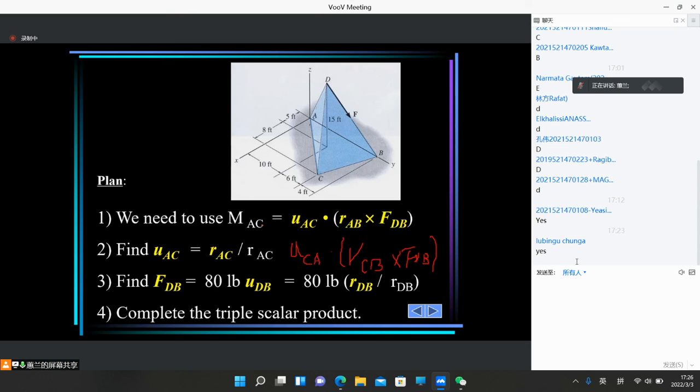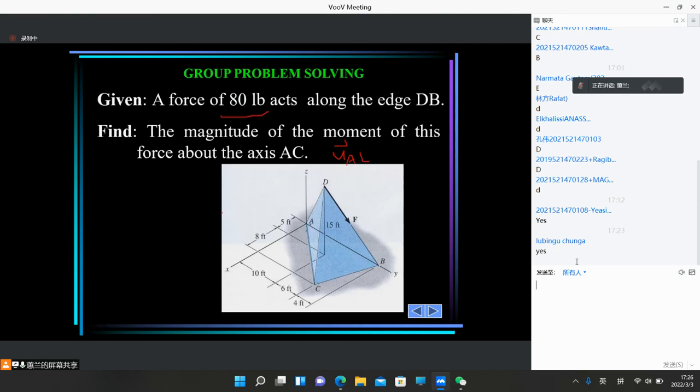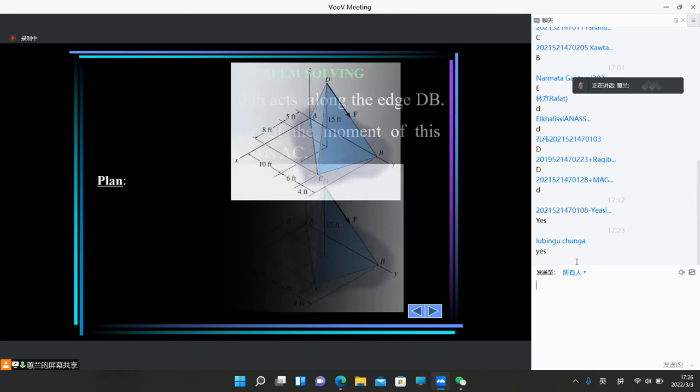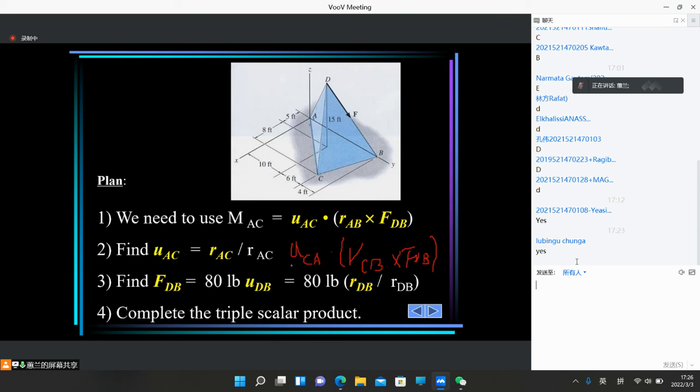But here, because axis AC is given, the direction is given. So I can't use UCA, I still use UAC, okay, UAC. Or the direction will be different.